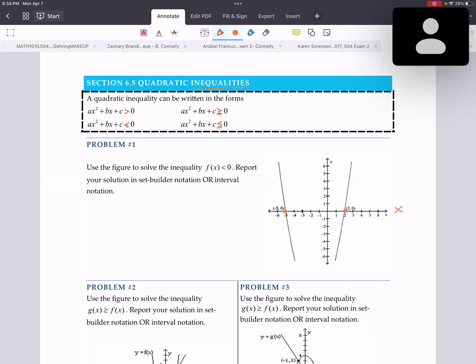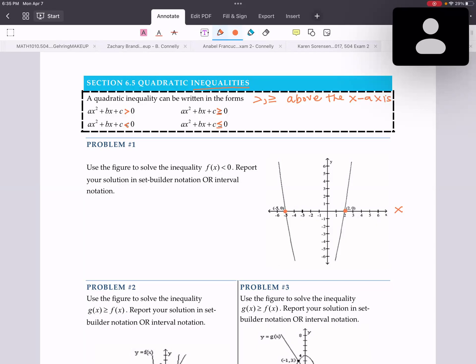But one thing that I want to make sure is clear: if you have a greater than or a greater than or equal to symbol, then you're looking at the graph that is above the x-axis.